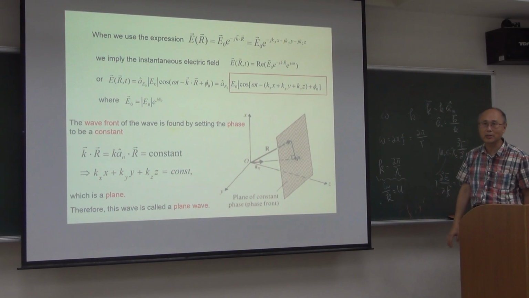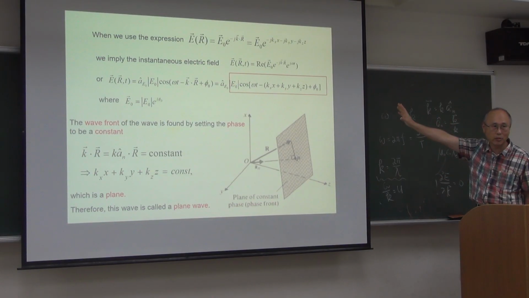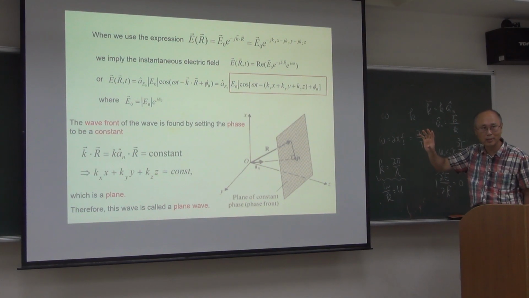I want to remind you that we start everything from Maxwell equations. And then we introduce the field affected by materials: the reduced electric field in dielectric material and increased magnetic flux density in magnetic material.